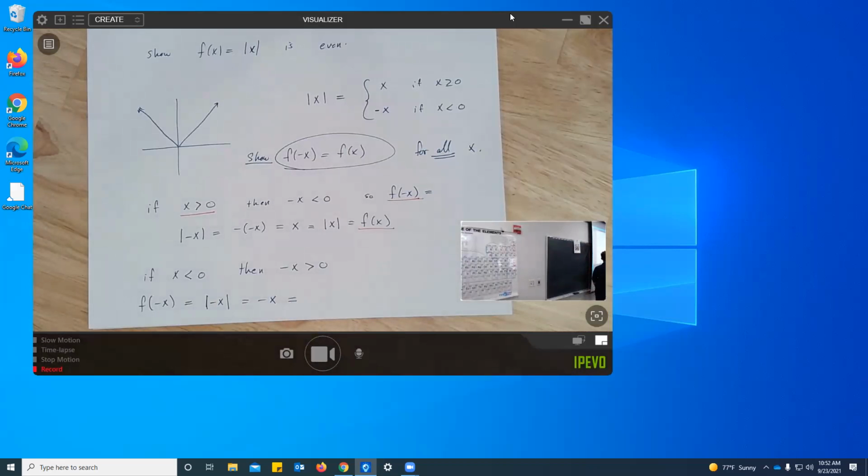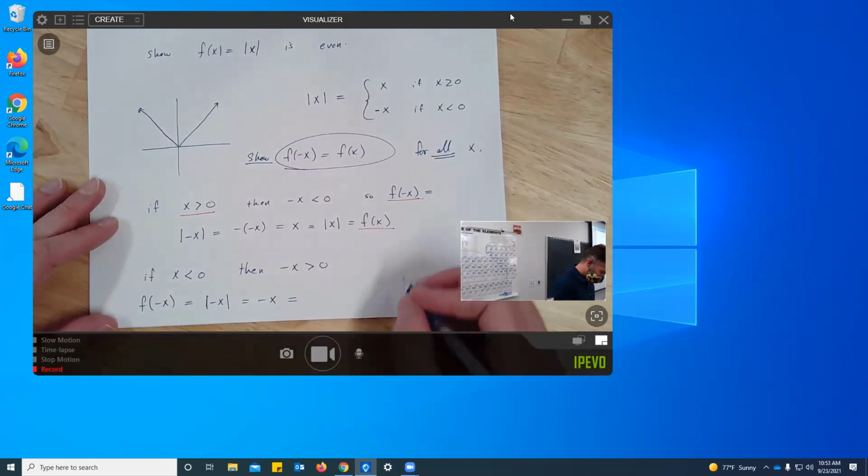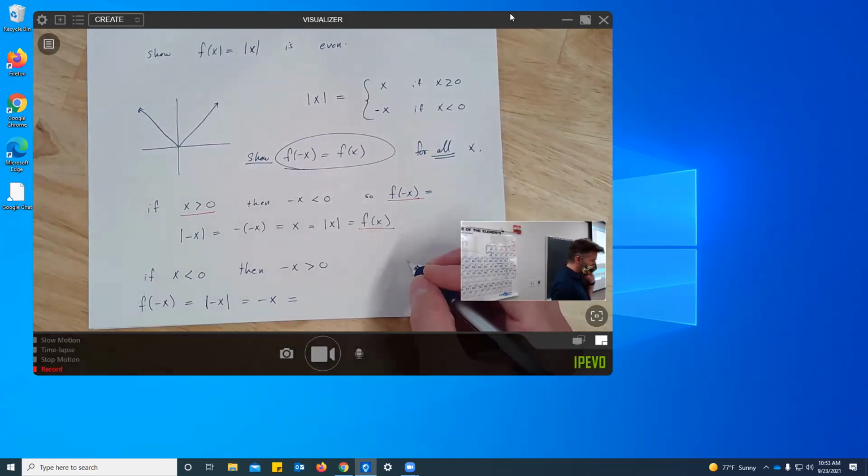So if x is negative, then negative x is positive, right? And the absolute value should always spit out a positive or a non-negative, right? And so it should be spitting out negative x because the negative x is already the positive number. But then I want to show that this is equal to f of x. Oh, okay, but that's okay. It's going to work out.